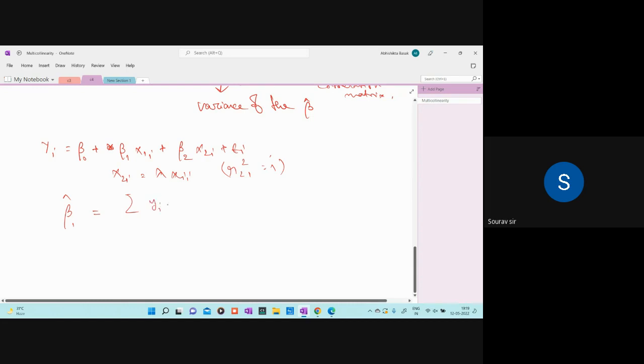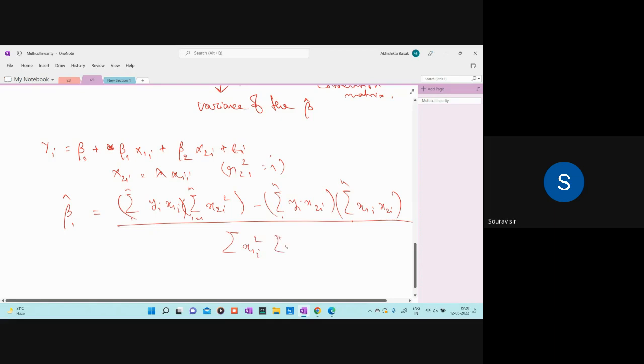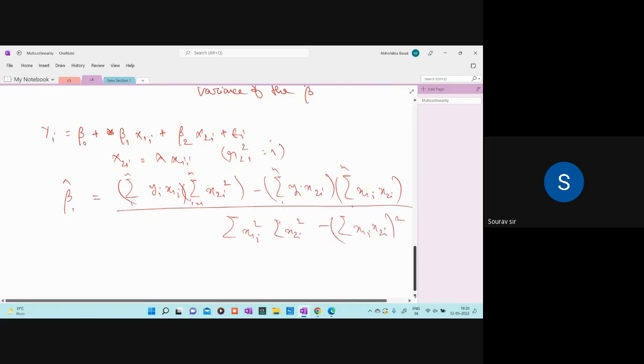Let me write this. This is going to be my beta 1 hat.